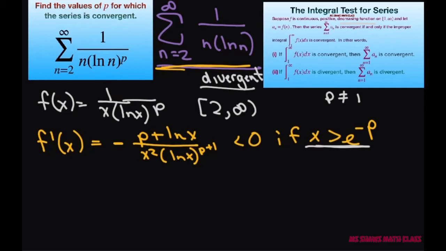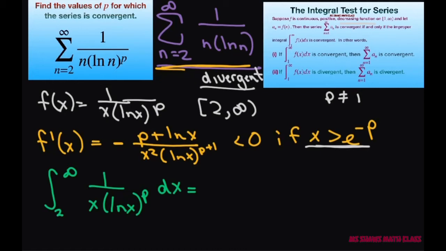Using that, we're going to use the integral from 2 to infinity of 1 divided by x times ln of x to the power of p dx. That's going to use our integral test.